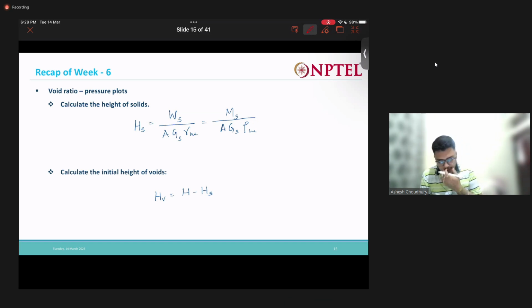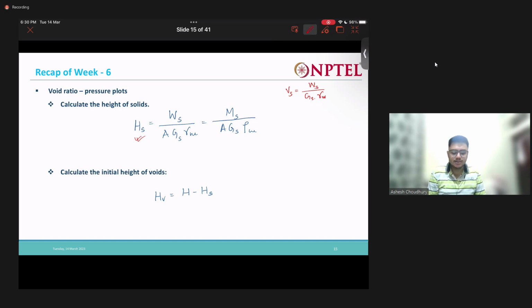The height of solid, you can write, comes from the volume of solid. The volume of solid is nothing but the weight of solid divided by Gs into gamma w. From this we can determine the height of solid.